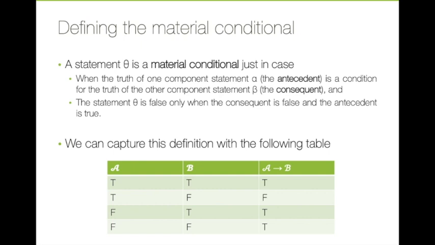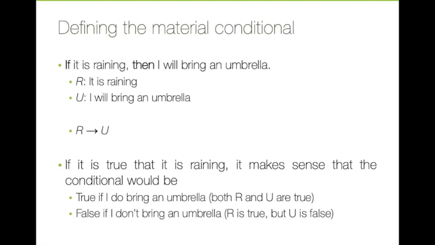If the antecedent is false and the consequent is false, the conditional is still true. The only time a conditional is false is in that second row, when the antecedent is true and the consequent is false. We'll look at our boring familiar example to get familiar with why this truth table is fleshed out the way it is.